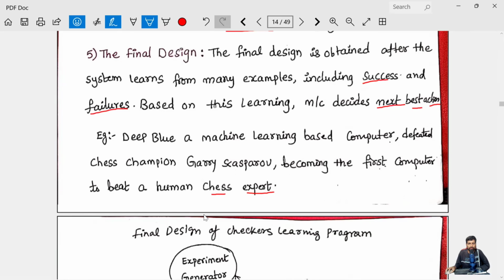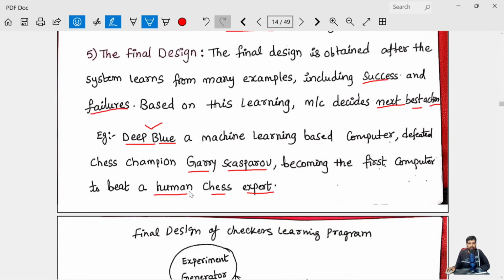Please remember, there is a person named Gary Kasparov who played against a system named Deep Blue. Gary Kasparov lost the match. Deep Blue won because we had already trained the model. This is called the first computer that beats a human.